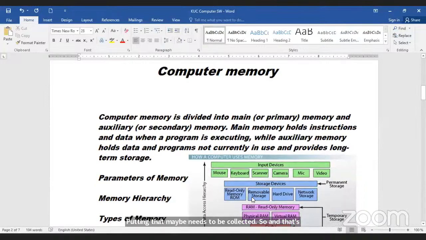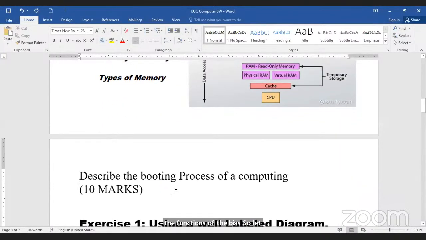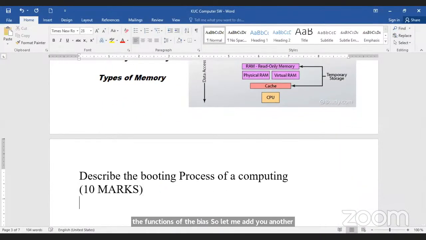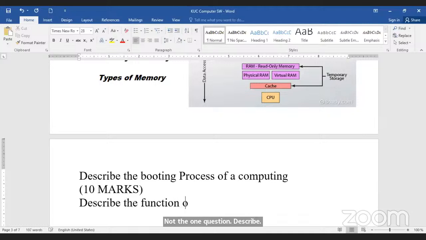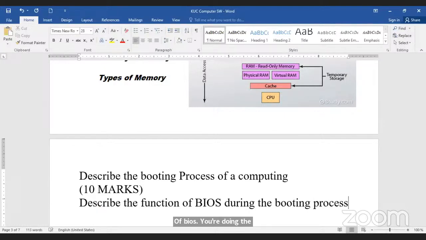Let me add another question. Describe the function of BIOS during the booting process.